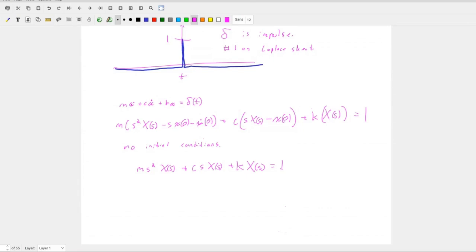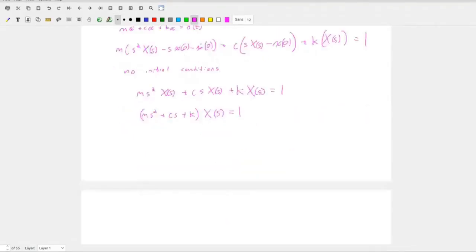So we have an x of s in each one of these terms, so let's just pull all of those out. And we have m s squared plus c s plus k, times x of s, is equal to 1.